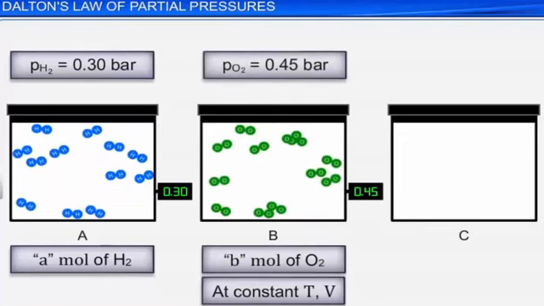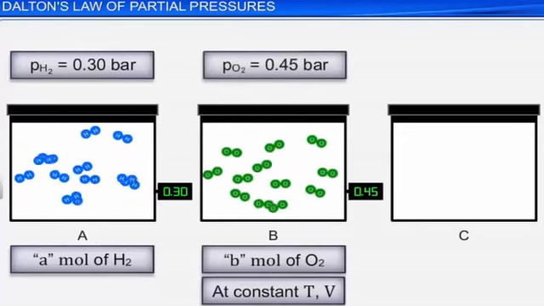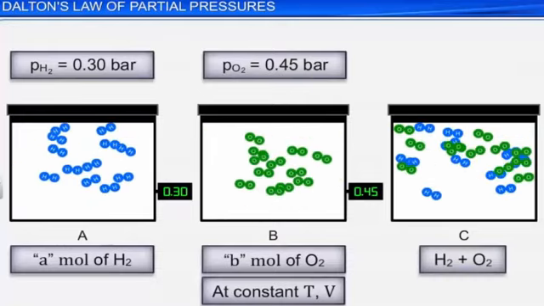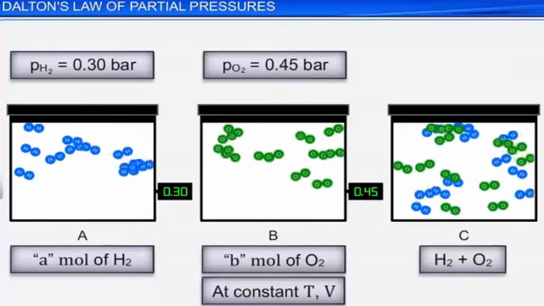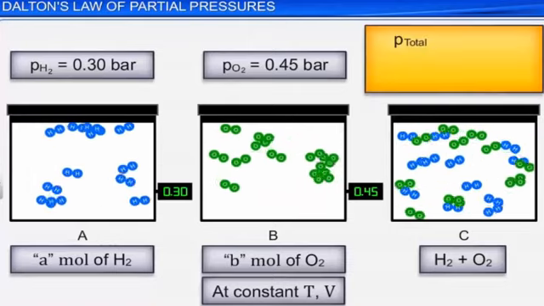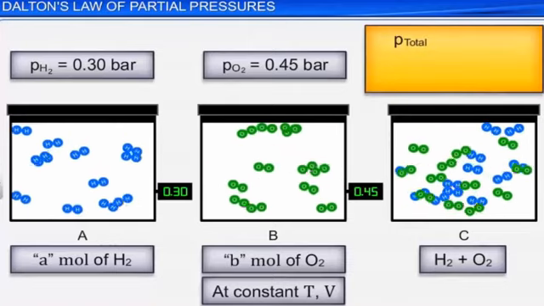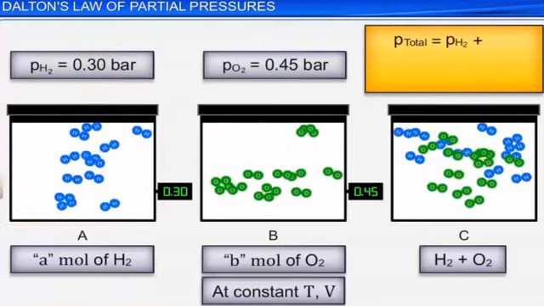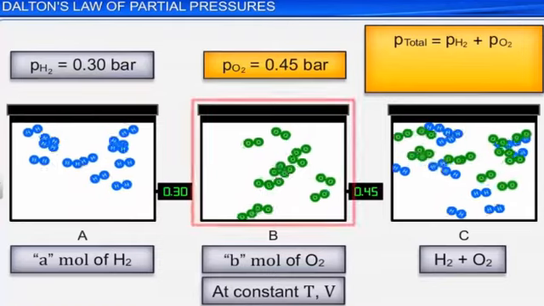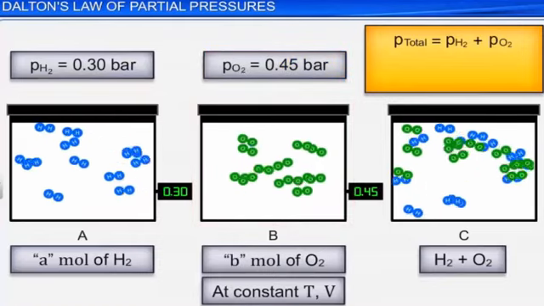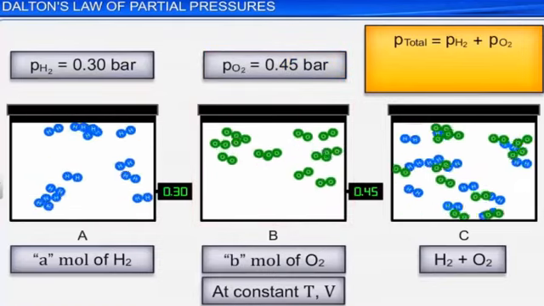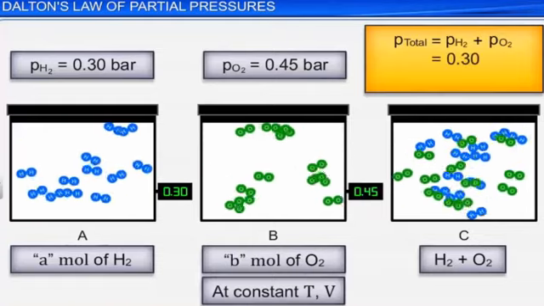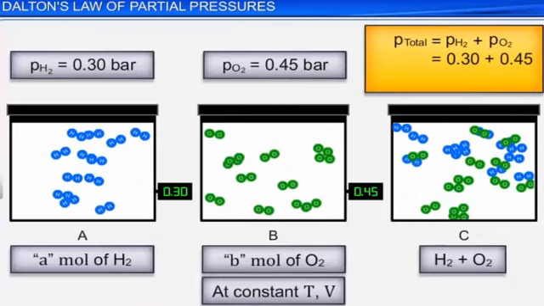Now, if we put both hydrogen and oxygen gases in the third vessel, the total pressure exerted by hydrogen and oxygen in the third vessel would be the partial pressure of hydrogen plus the partial pressure of oxygen. That is, the total pressure, P total, is equal to 0.30 bar plus 0.45 bar, which is equal to 0.75 bar.